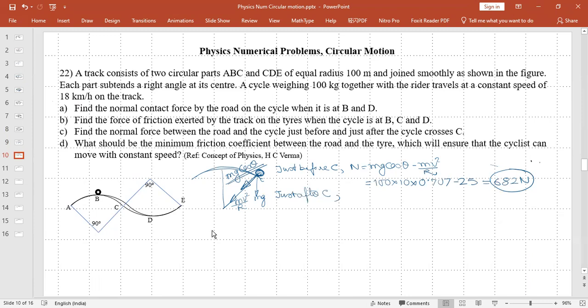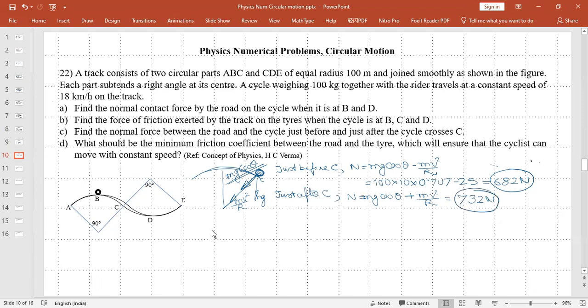So just after C, N is equal to mg cos theta plus mv square by r. If you calculate, it will be 732.